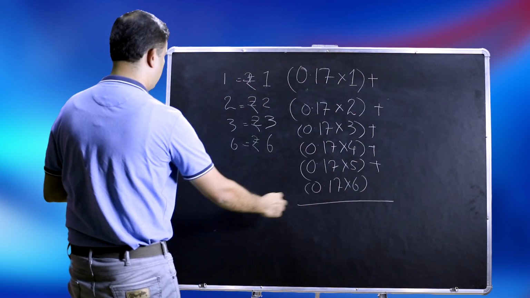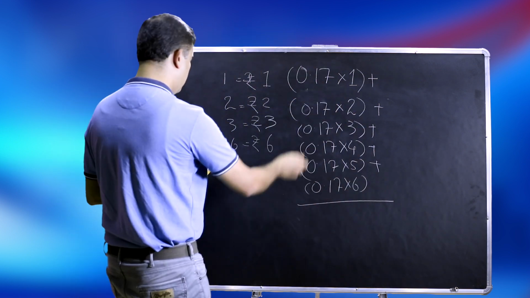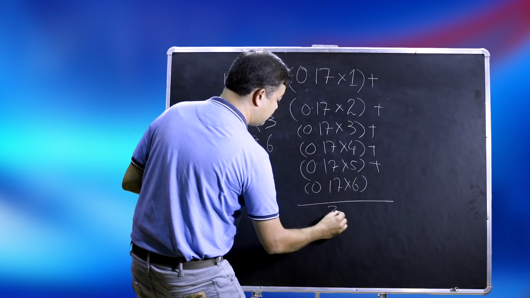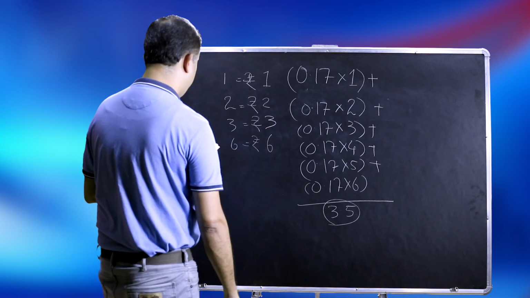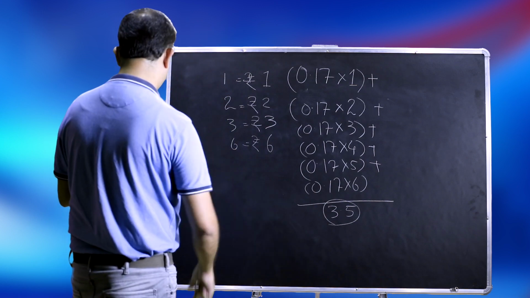This is how to calculate the expectation. If you do this calculation, you are going to get the answer 3.5. So 3.5 is the expected value, 3.5 rupees or 3 rupees 50 paise.